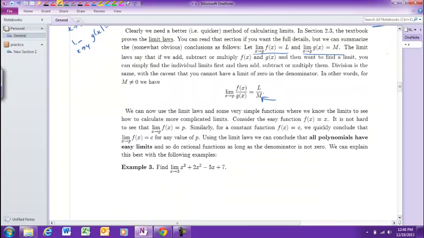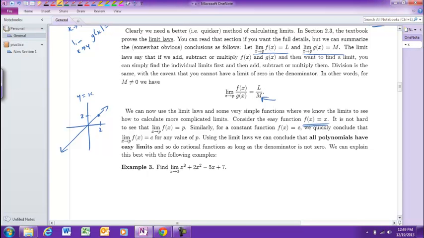And how can we use this? Well, there are a couple of limits that are actually pretty easy to calculate. The function y equals x, or f of x equals x, is just a straight diagonal line where your x value is always the same as your y value. If this is 2, then that's also 2.